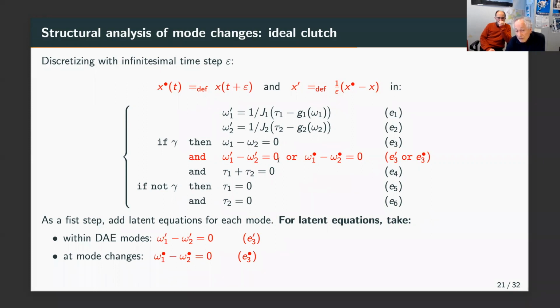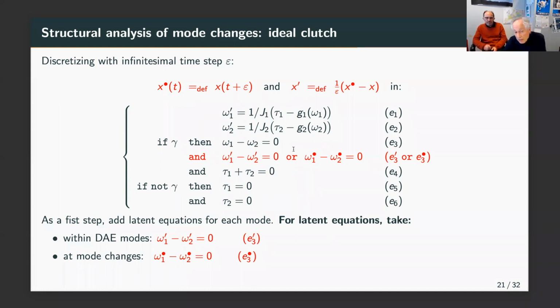And what I've done here as a preliminary step, but that was discussed by Mathias, is to perform the index reduction, the structural analysis of the mode change when the clutch is engaged, by adding the latent equation obtained by differentiating the constraint that the two velocities should be equal.